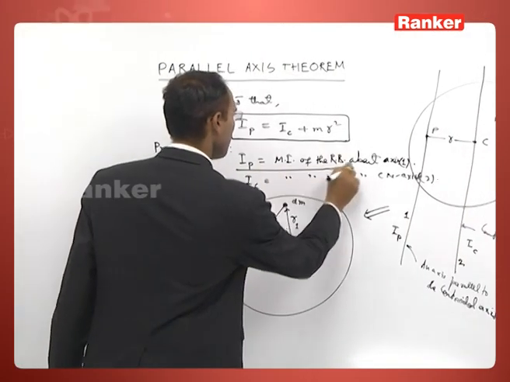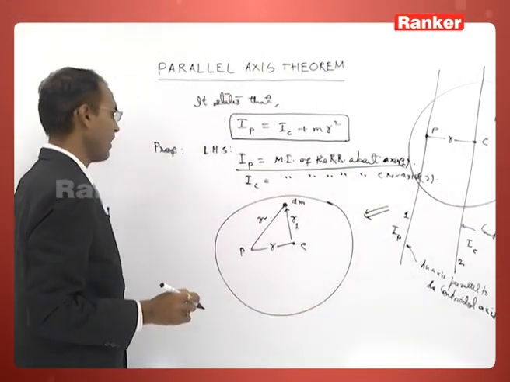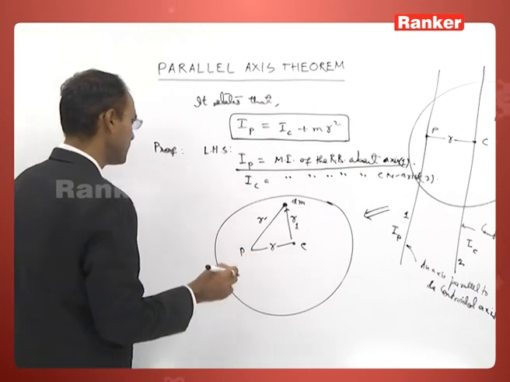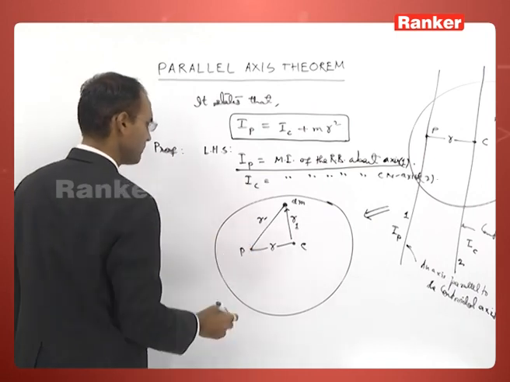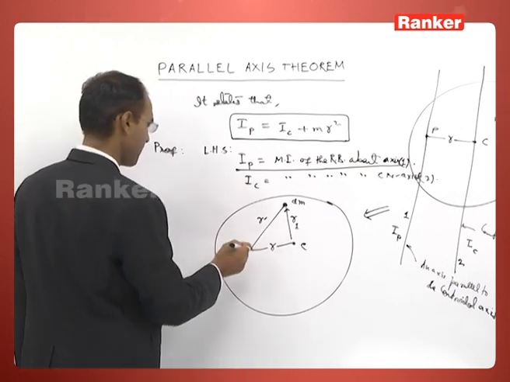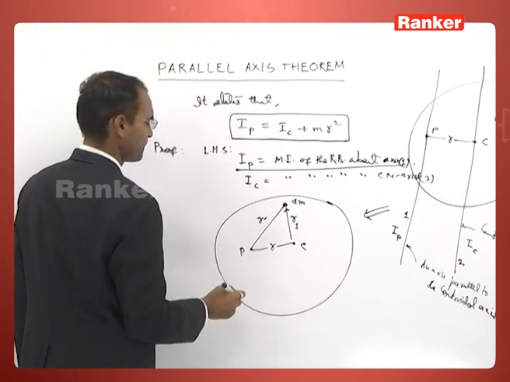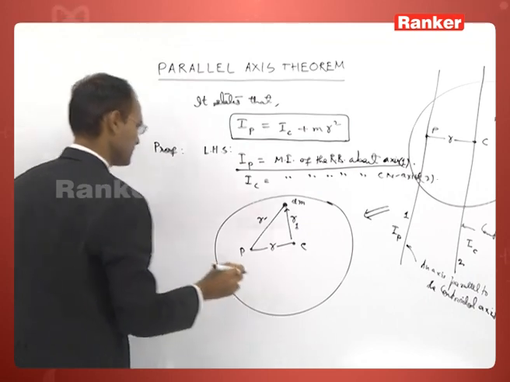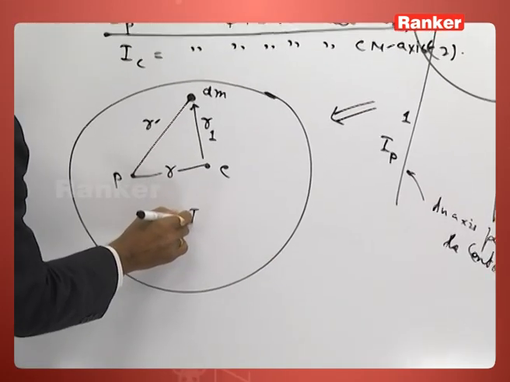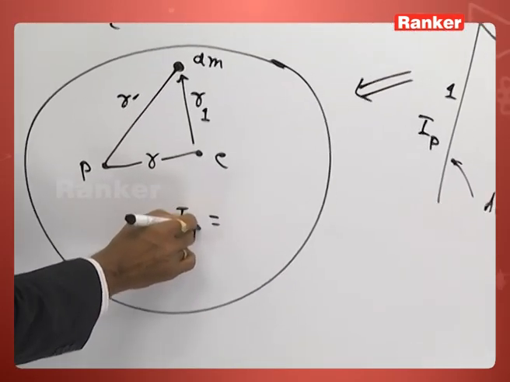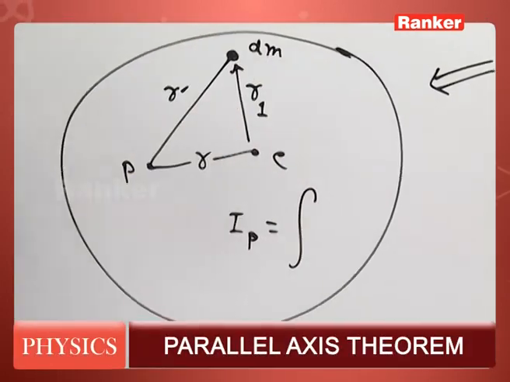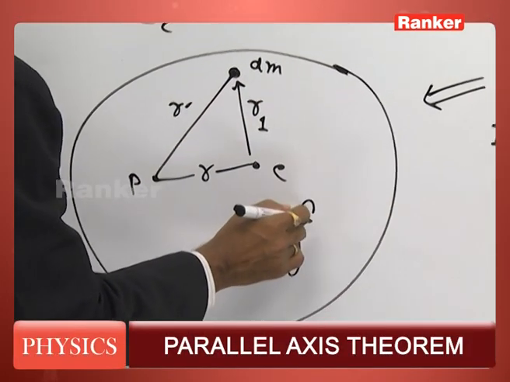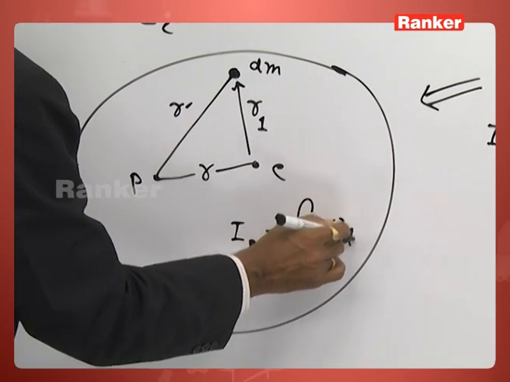The moment of inertia of the rigid body about this axis P can be written as IP is equal to the integral of r dash square dm.